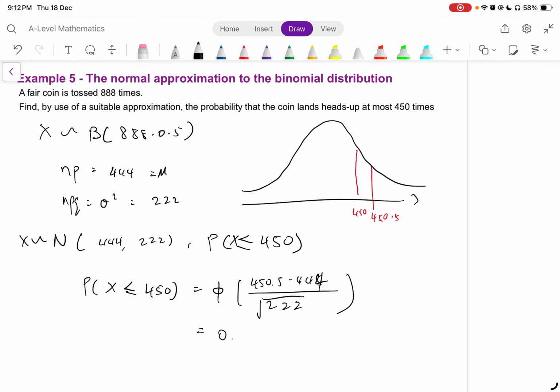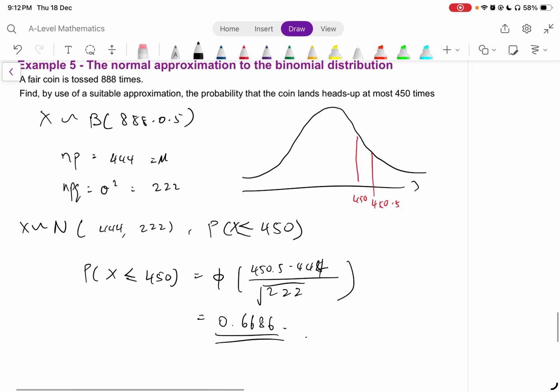So in this case, it's 0.6686, and that's how we find our answer.